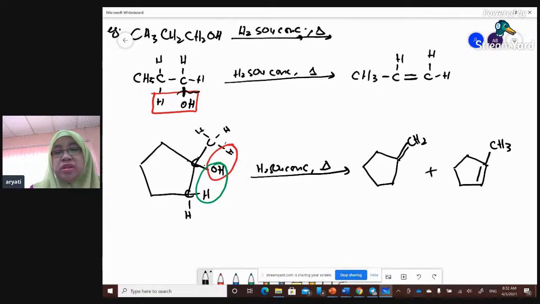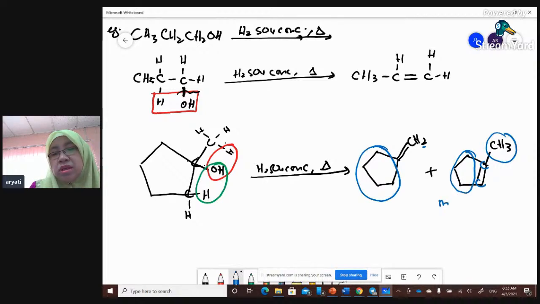Okay, so between these two, because there are two products, so yang ni single product, and because of these two products, so you need to determine the major and minor. So this double bond CH2 ni bukan alkyl group. Okay, alkyl group yang this one. So dia ada one alkyl group. So untuk carbon yang ni ada berapa alkyl group? So dia ada two alkyl group.